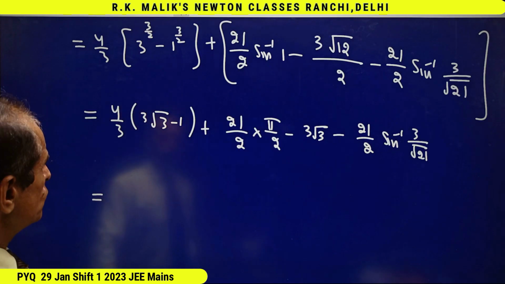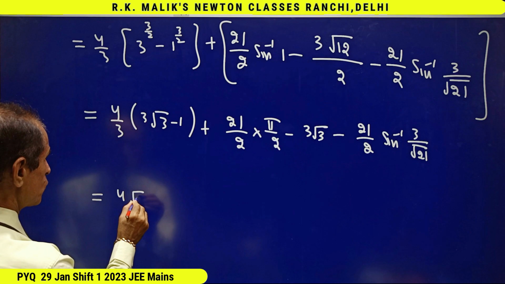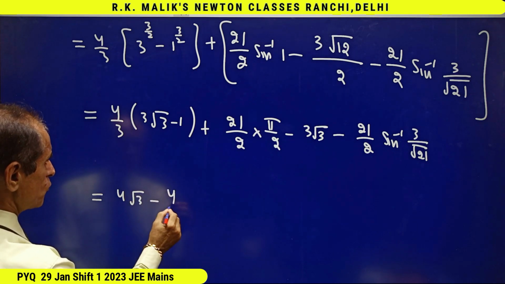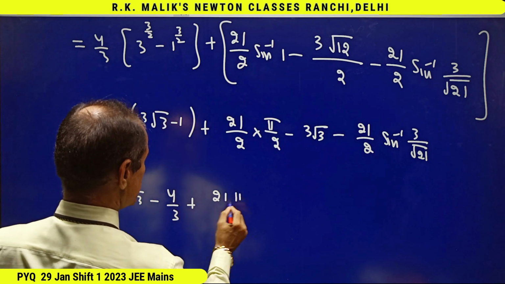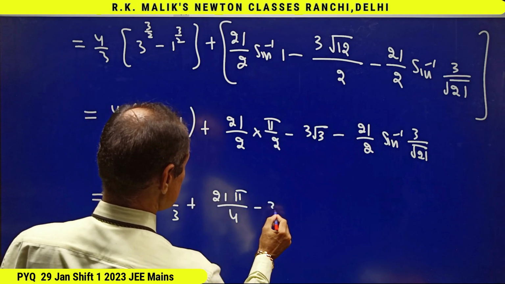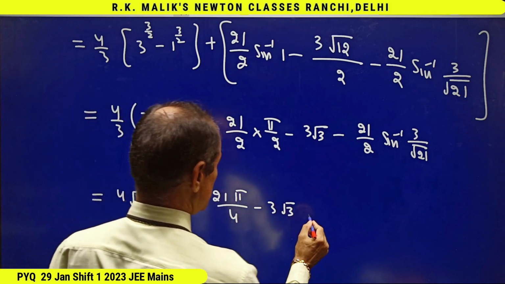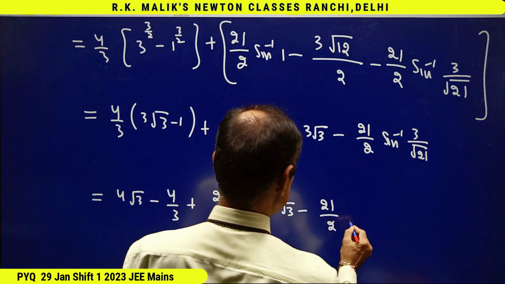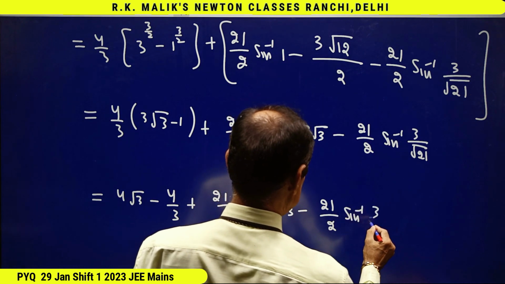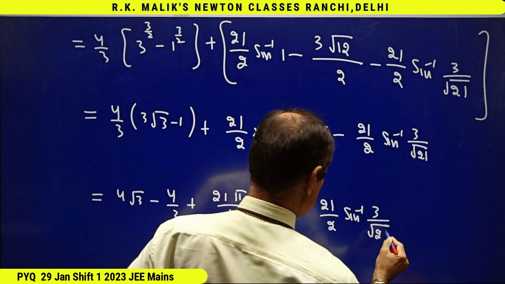This is equal to 4 root 3 minus 4 by 3 plus 21 pi by 4 minus 3 root 3 minus 21 by 2 sin inverse 3 by under root 21.